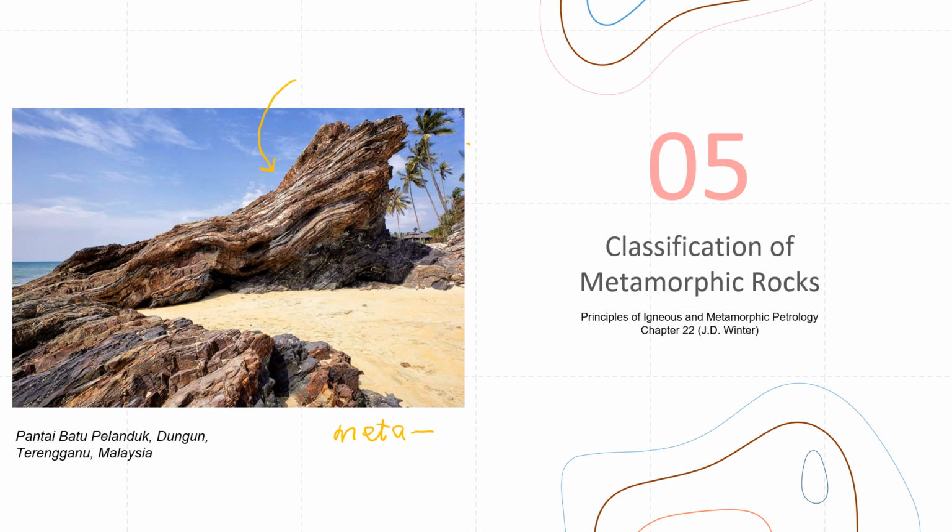So you would put the prefix meta in front of it, so meta sandstone or meta siltstone, to denote that it has undergone a bit of metamorphism, but not fully metamorphosed, if that makes sense. Okay, so let's jump into our lecture.